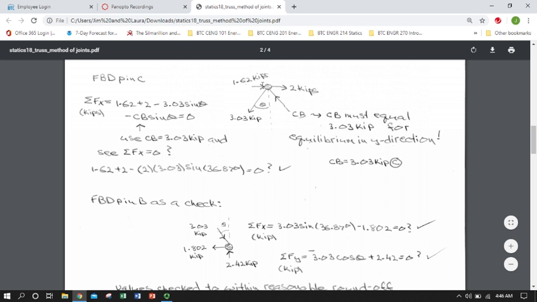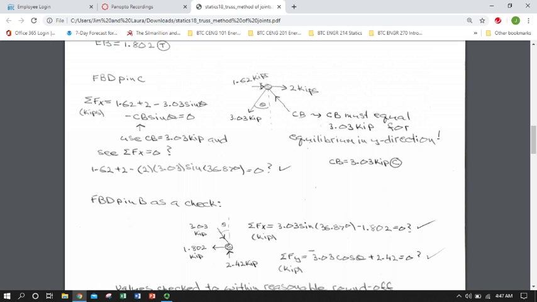So for joint C, I have the compressive force from member DC coming in on the horizontal, and that came out of my pin D FBD.